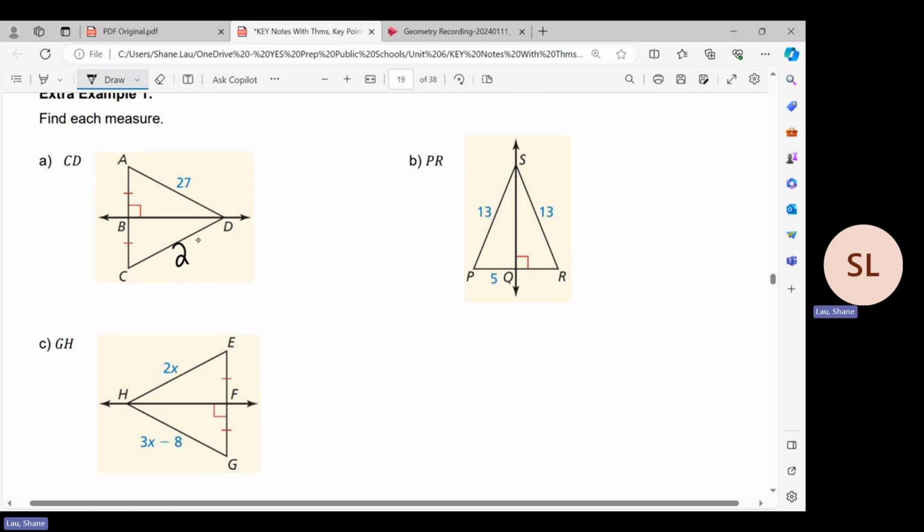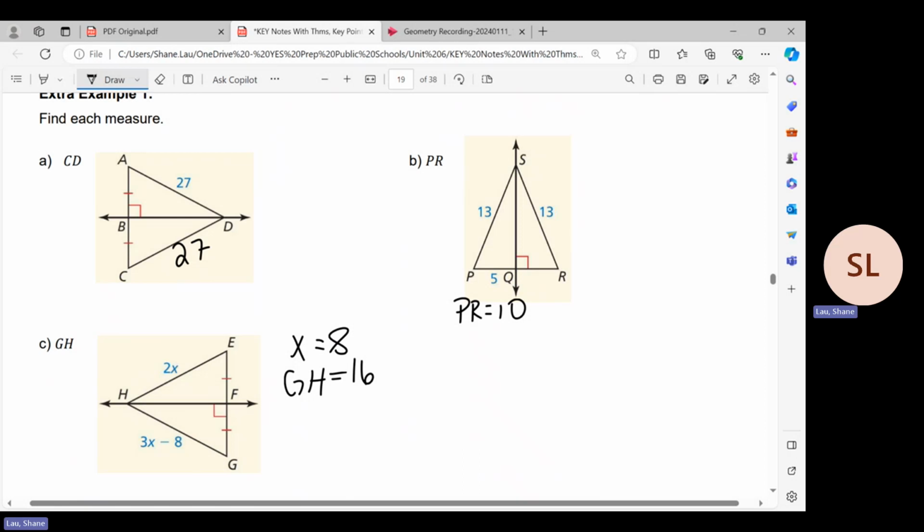CD is going to be 27. PR is going to be 10. And then GH, you should have an X value of 8, and then a GH value of 16. As long as you get those answers, you should be good.